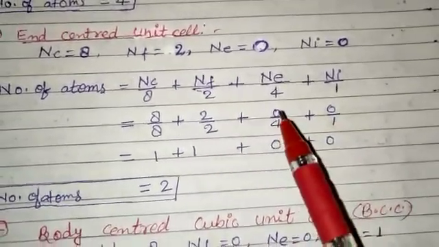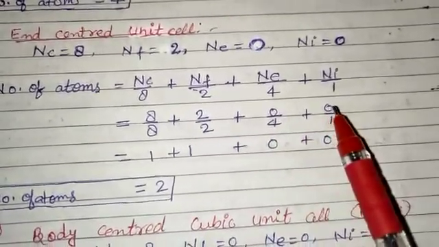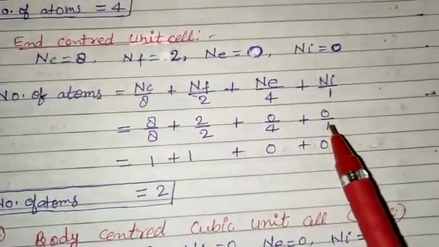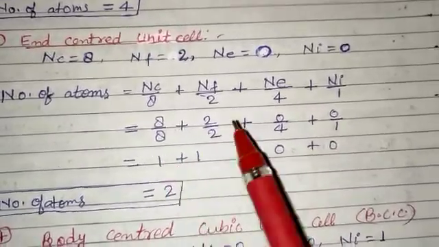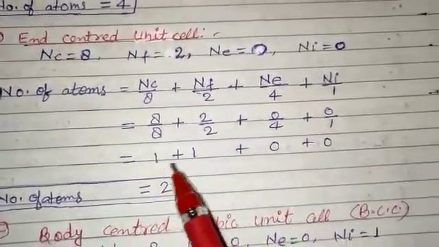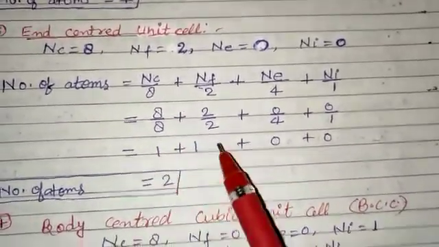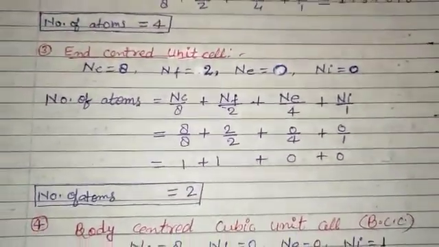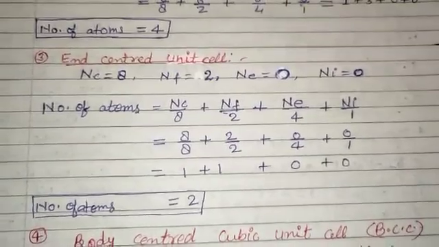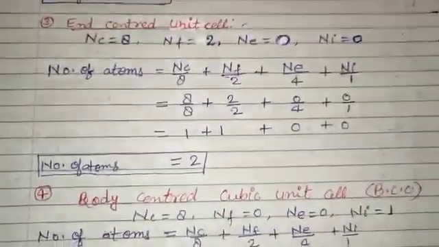There are no particles at the edges or inside the cell, so these are 0. So 8 by 8 is 1, and 2 by 2 is 1, so the total is 1 plus 1, 2. In the case of the end centered unit cell, the contribution of atoms to the unit cell is 2.